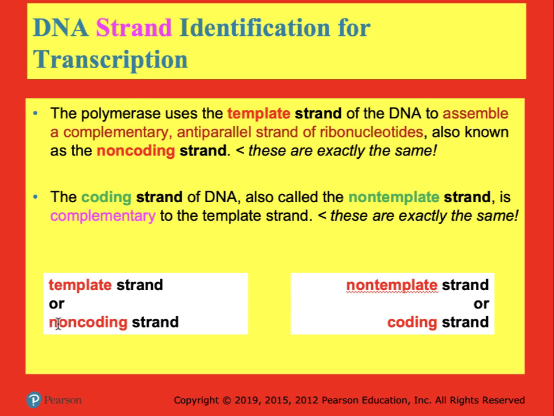It's also called the non-coding strand in certain textbooks. The strand that's not used by the RNA polymerase but pushed to one side is called the non-template strand. However, in the same textbooks, they sometimes refer to that as the coding strand. In fact, in genetics, the most common label is the coding strand, as we'll see for obvious reasons later on.